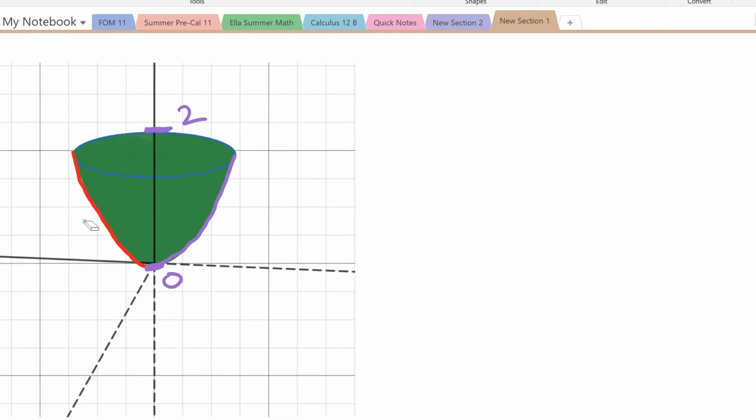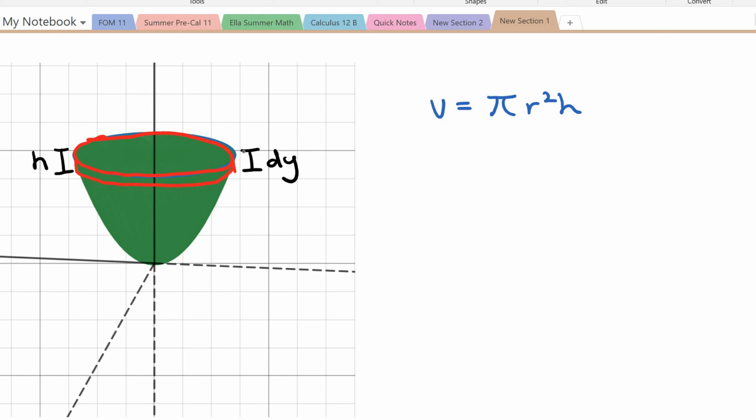Okay, so let's go ahead and erase some of the colors here, and let's think about the volume of our cylinder or disk. So pi r squared h. If I go ahead and draw an expanded disk here, this right here is the height, and that represents dy. So remember, anytime you are rotating around the y-axis, the height is always going to be dy.